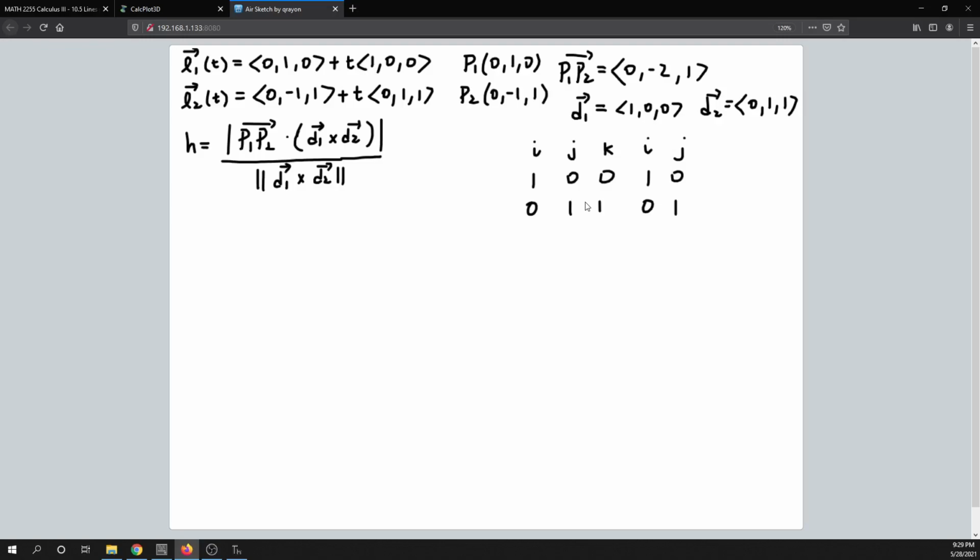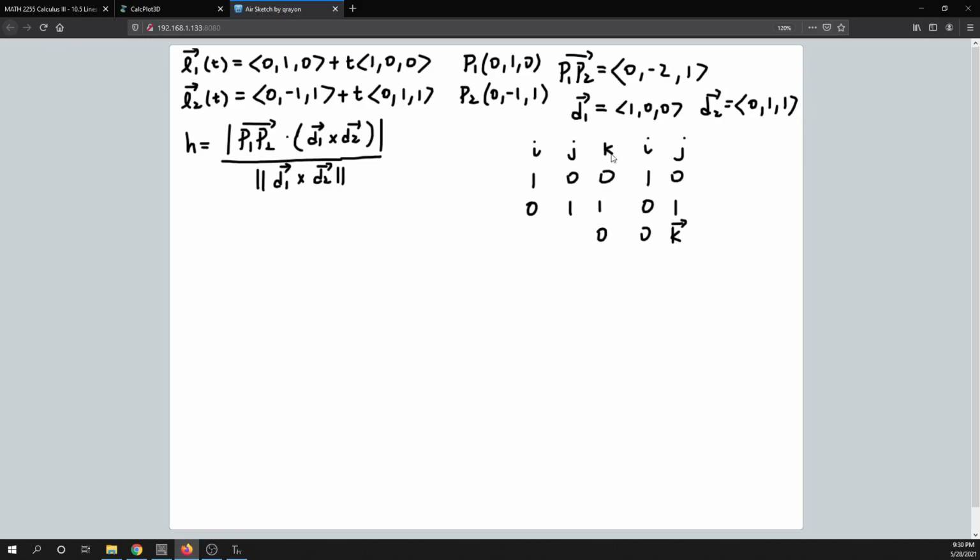Now we are going to multiply those out. I times 0 times 1, that's just 0. J times 0 times 0, that's just 0. K times 1 times 1, so that's 1K.